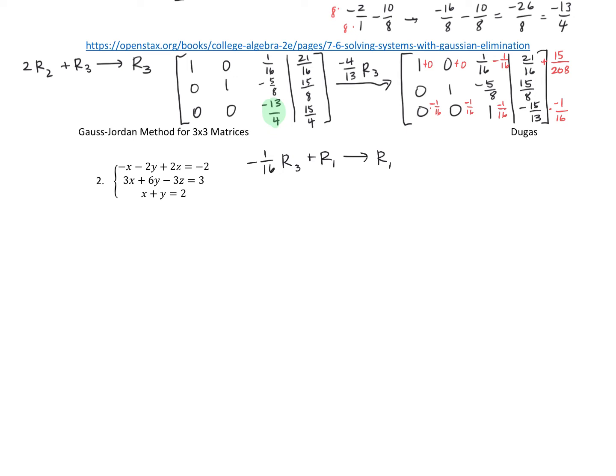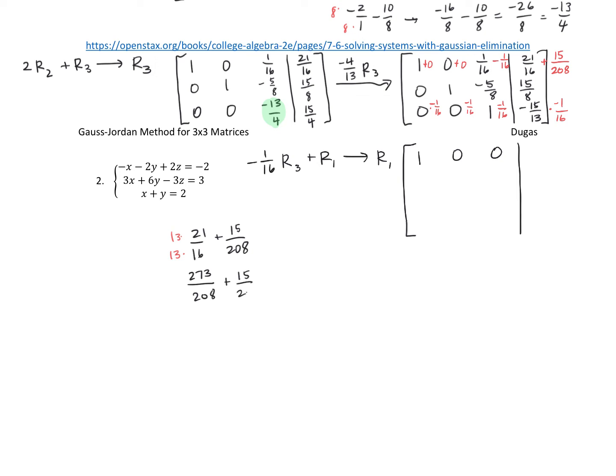So now I want to figure out what that's going to give me and put it in my new matrix with the new row 1. So I'll have 1, 0, 0, and then I have 21 over 16 plus 15 over 208. And again, feel free to use your calculator. 208 is the common denominator, so I can multiply both of these by 13. So 21 times 13 is 273. And 13 times 16 is 208.